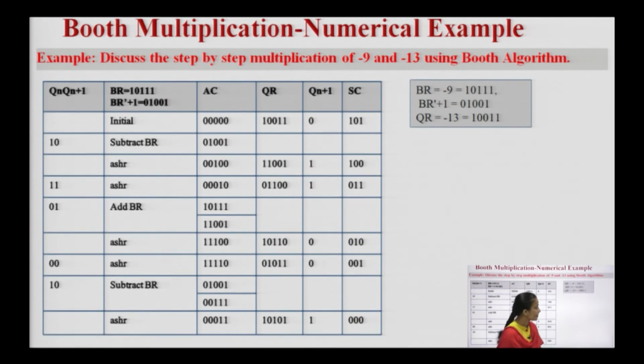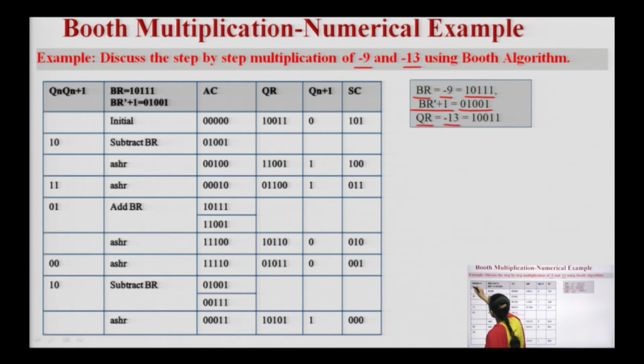So, if we take the example for Booth multiplication, for minus 9 multiplied with minus 13, it comes out to be: BR is minus 9, in 2's complement it is represented as 10111, and the 2's complement of BR will be 01001, and the multiplier QR, that is minus 13, is 10011.